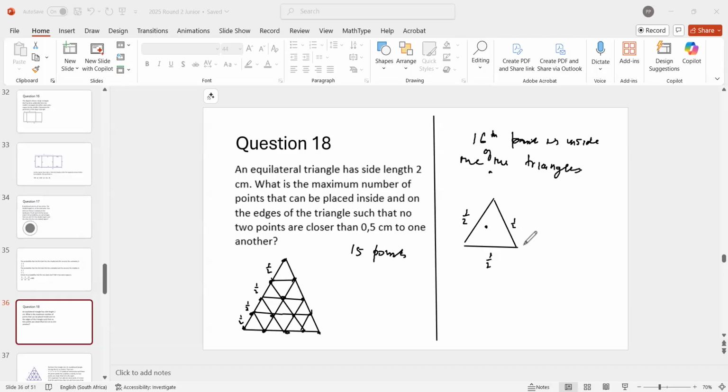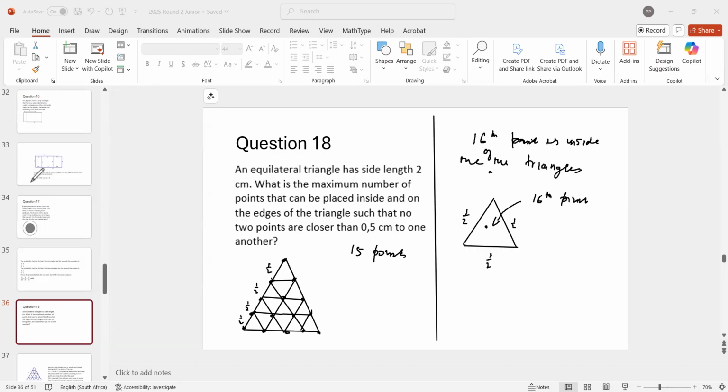And this point is your 16th point. It's inside. Now I claim that its distance from one of these sides is going to be less than half.